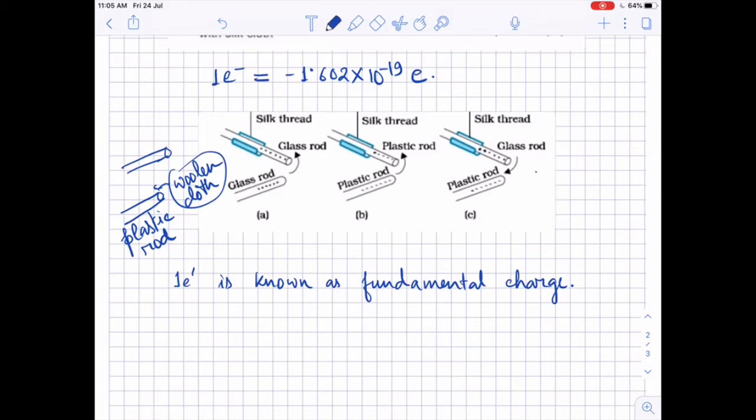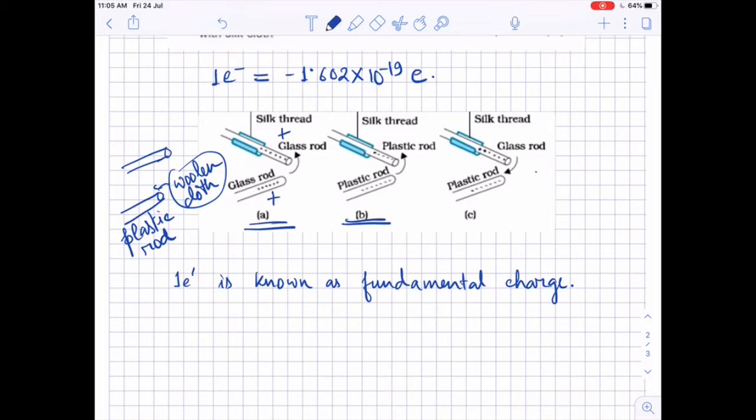Now if we bring two positively charged glass rods closer, they will repel each other, as we can see in case A. This one is positively charged, this one is also positively charged, so they are repelling each other. If we bring a plastic rod closer to another plastic rod, they also repel, and this is quite obvious in case B. Because like charges repel.